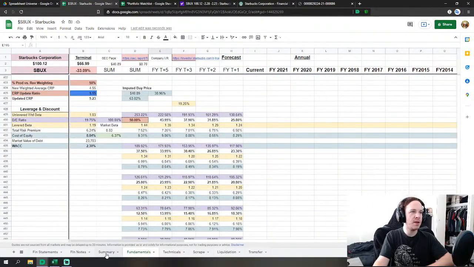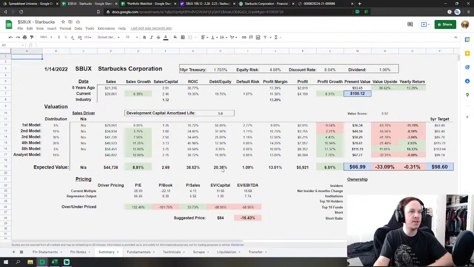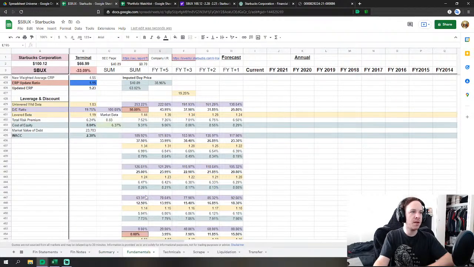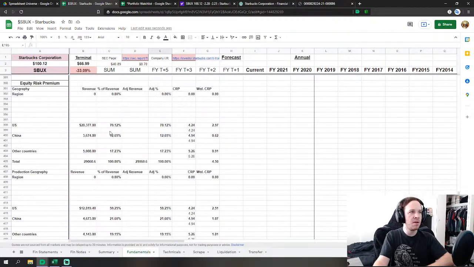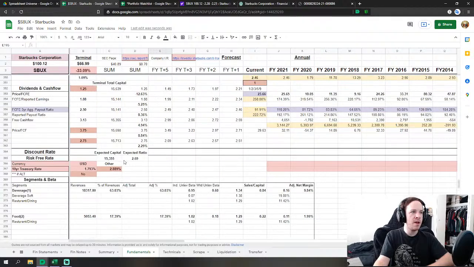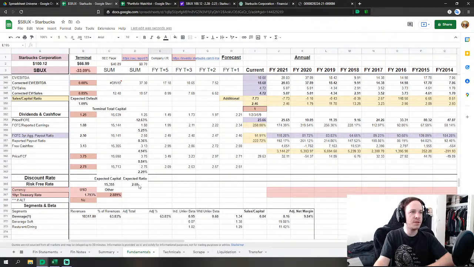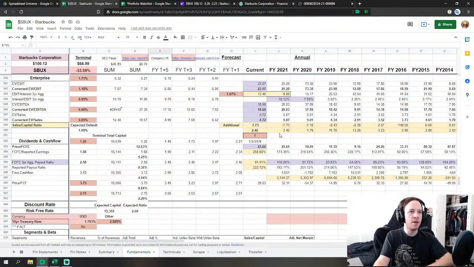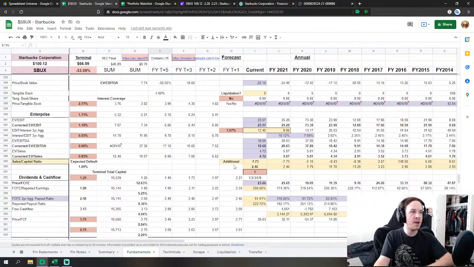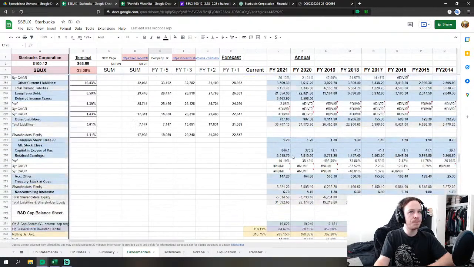Let's see, shifting the probabilities brings the debt to equity ratio down to 20%, which is kind of where we actually really wanted it to be, because that's exactly where it is currently. And that does bring the expected value for the sales to capital ratio to 2.69, which is higher than the most recent year, but brings it closer to where it was a little bit more in the past. So I think that still makes sense.